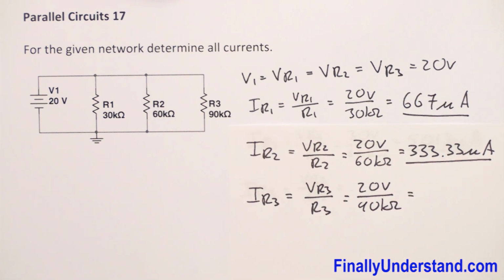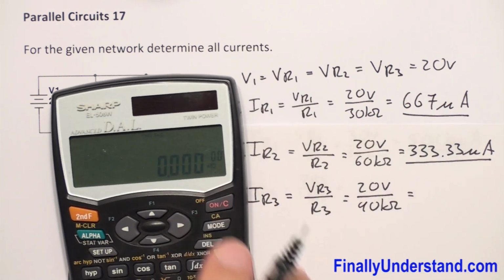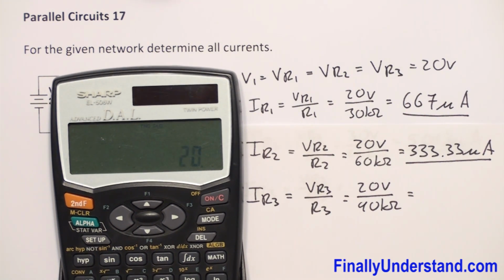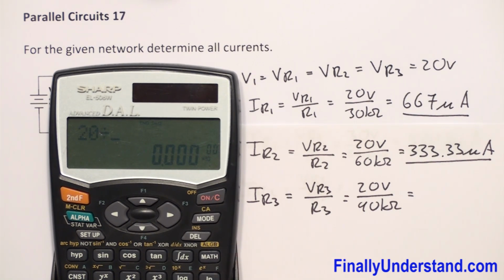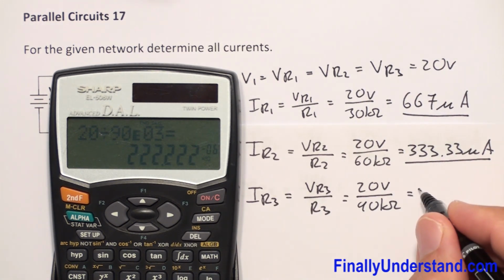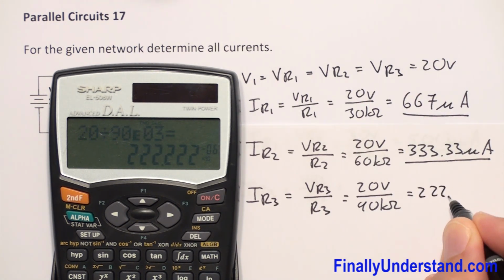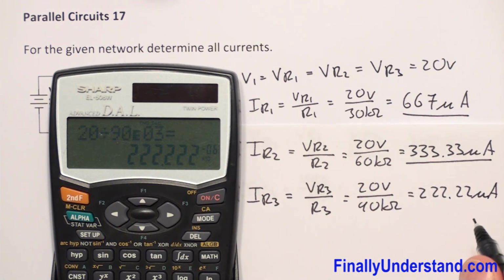So we have 20 divided by 90 exponent 3. This is equal to 222.22 microamps.